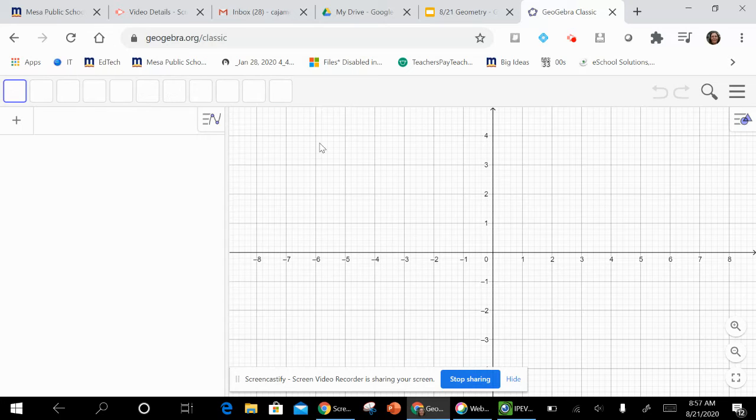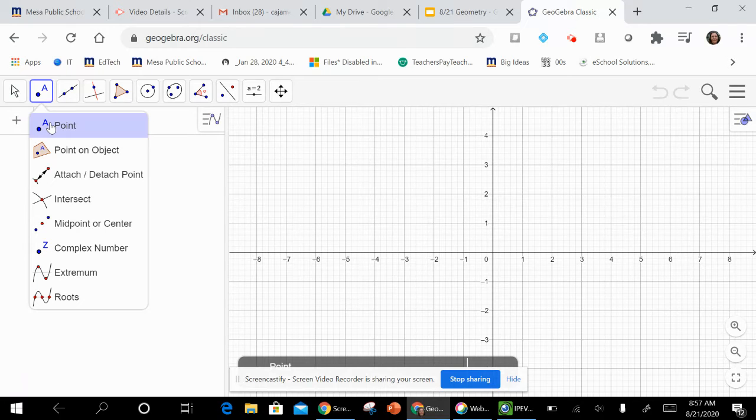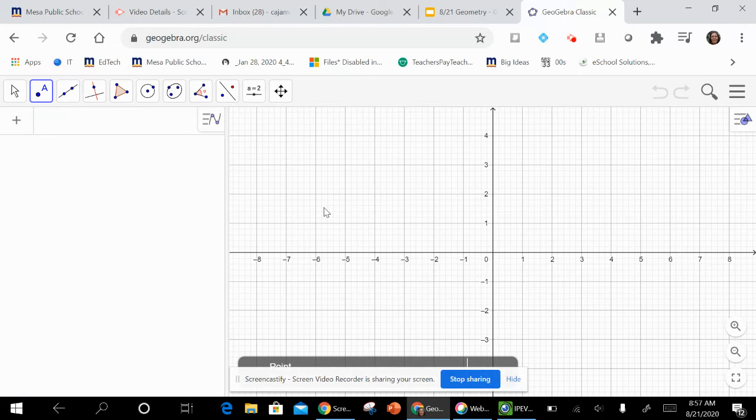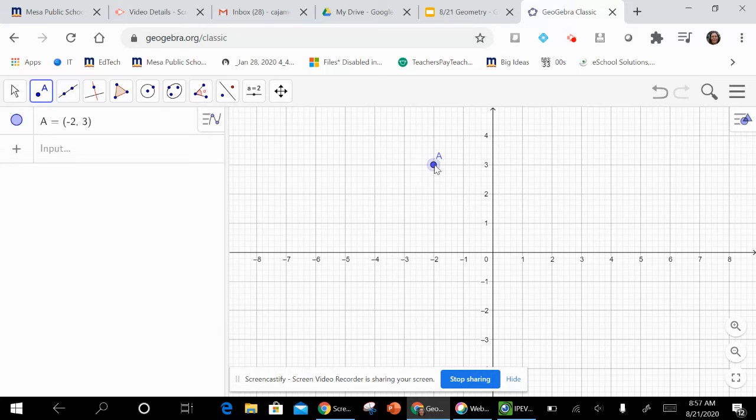Okay, so we have our coordinate plane. I do want to let you know, so we're going to do our point. So I'm going to grab my first point A, and it's going to be at -2 up 3. Okay, so that's our first point.